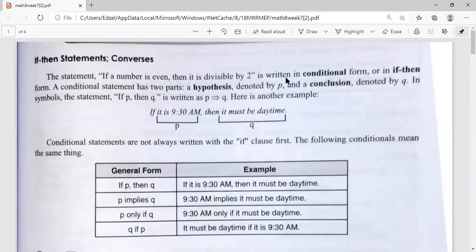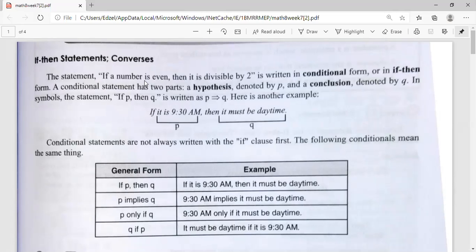Okay, let's begin with this if-then statement. So, forget muna ang converses, alright? Dito muna tayo mag-focus sa if-then statements. For example, if a number is even, this is an example of an if-then statement.